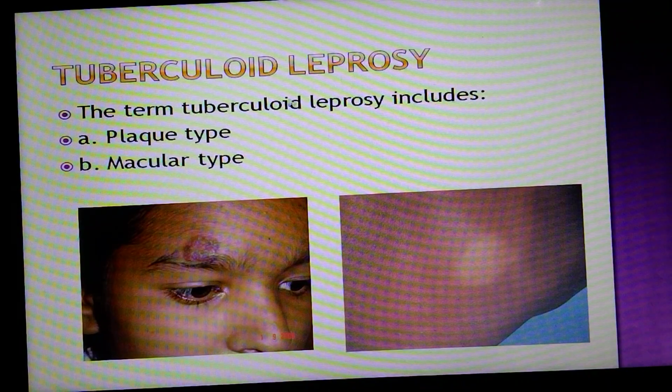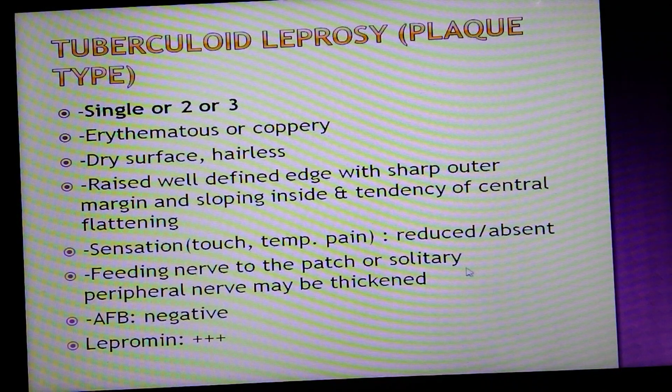These are tuberculoid leprosy. The term tuberculoid leprosy includes plaque type and macular type. This is what we call plaque type. The second is macular type. Plaque type tuberculoid leprosy will be single or two or three lesions, erythematous or coppery, with a dry surface that then becomes hairless, a raised well-defined edge with a sharp outer margin and sloping inside, and a tendency of central flattening.